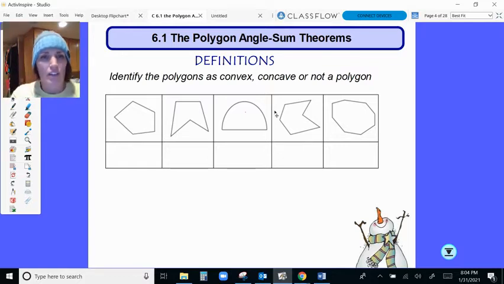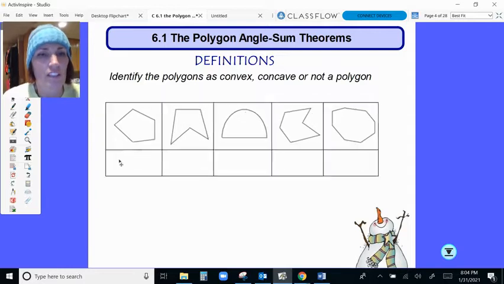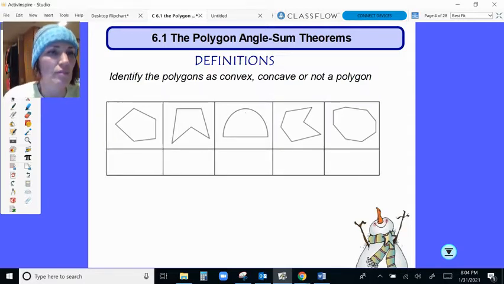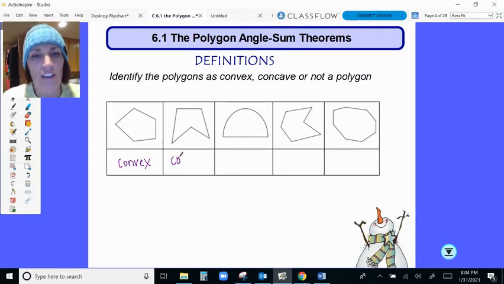This one right here is convex. This one kind of caves in on itself, so it's concave. You can also tell because if we were to connect these vertices right here, it would give us a diagonal outside. This is not even a polygon.